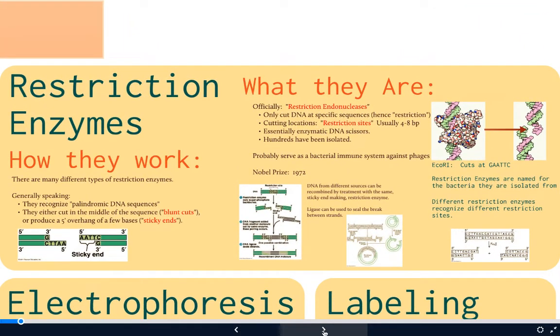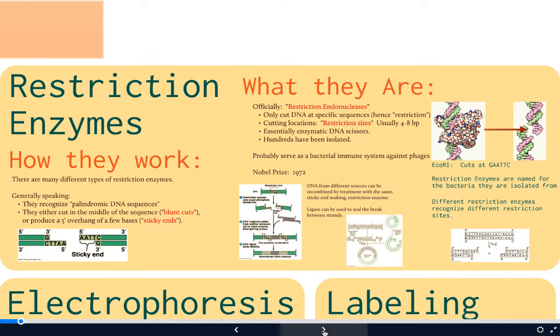Okay, so first up is restriction enzymes. What they are: restriction endonucleases, right? These enzymes only cut DNA at very specific sequences, hence the term restriction. You can think of them as chemical scissors.